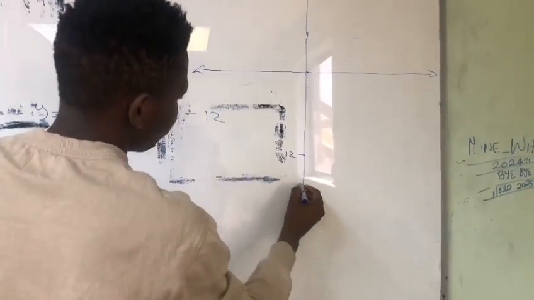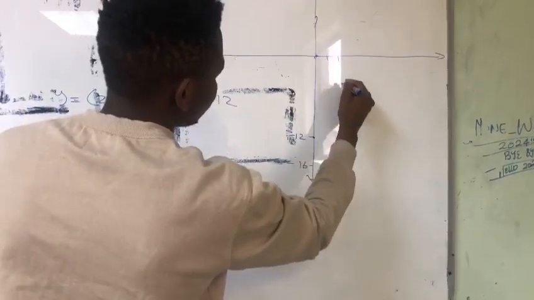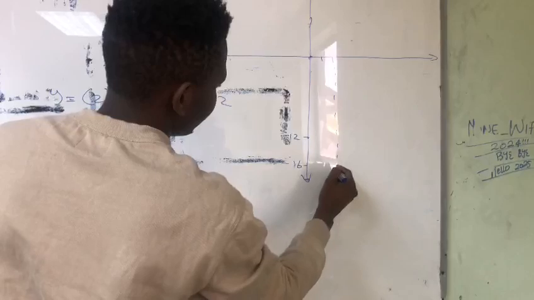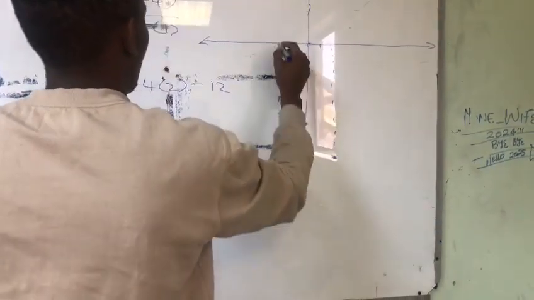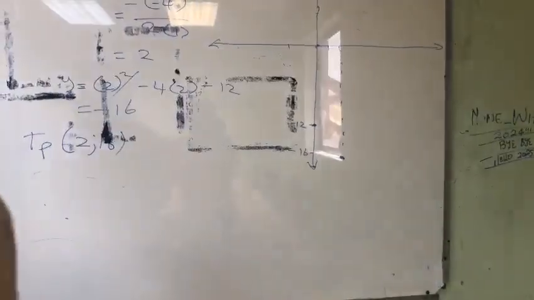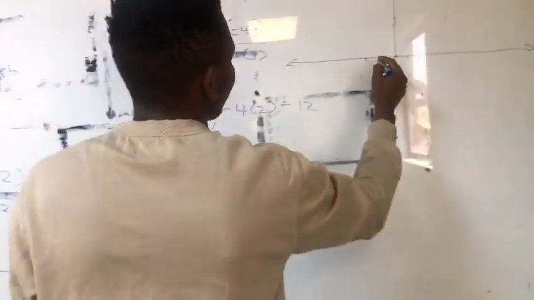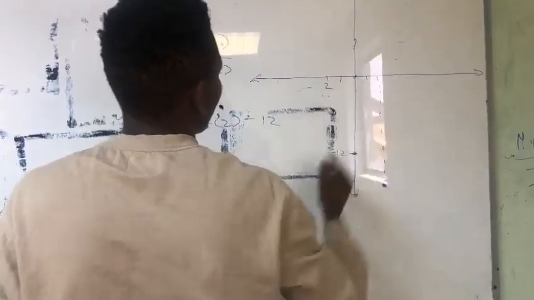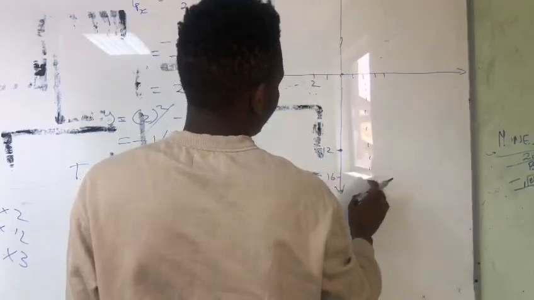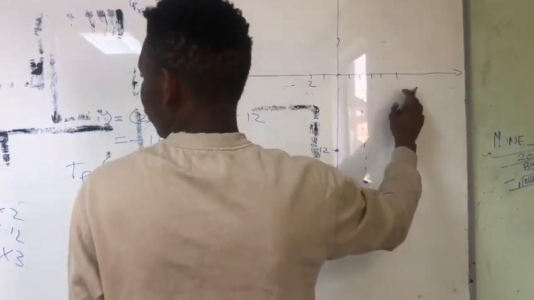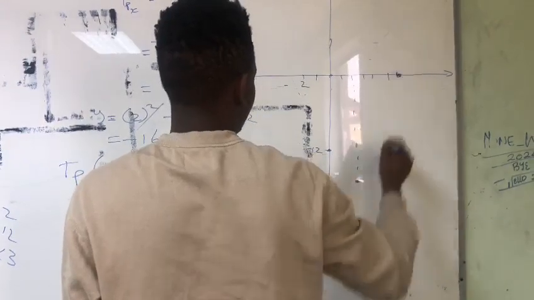Then our turning point will be minus 16 somewhere here. Then our x intercepts: minus 2 here, and 1, 2, 3, 4, 6, right here.